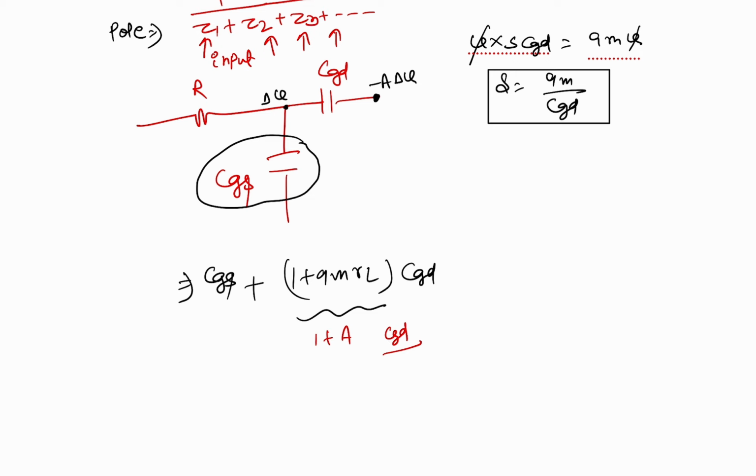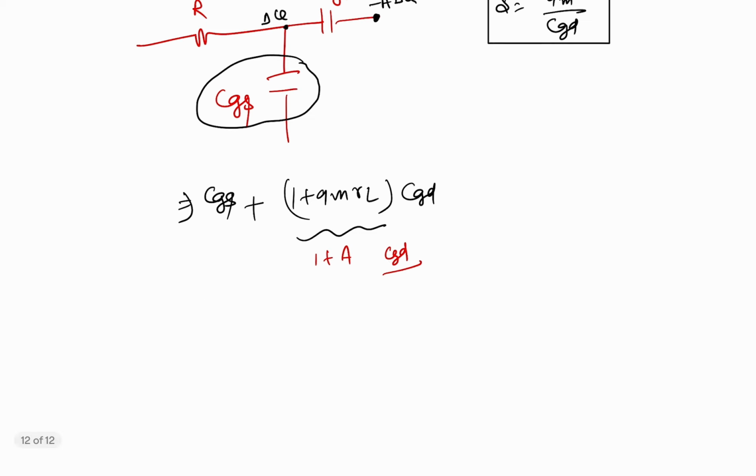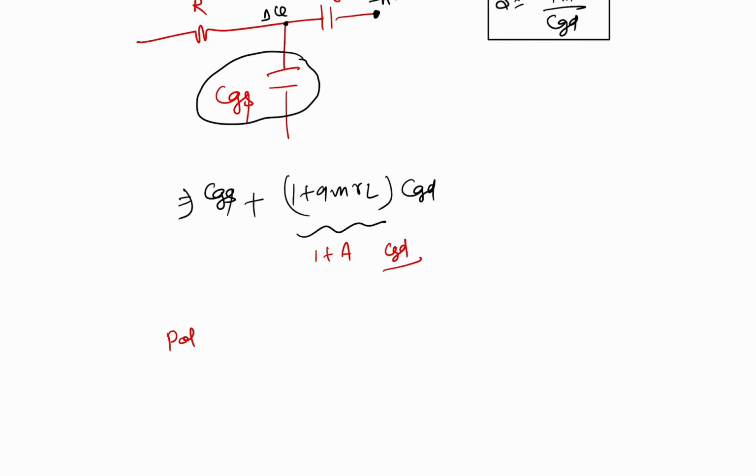This is the total cap which you see through the input, and so your pole will be 1 upon R in times CGS plus 1 plus GM RL times CGD.